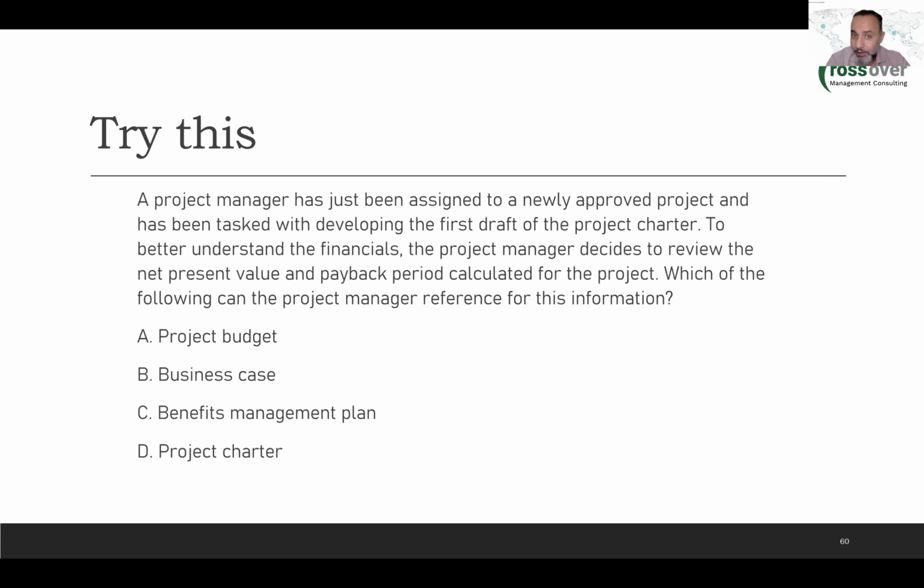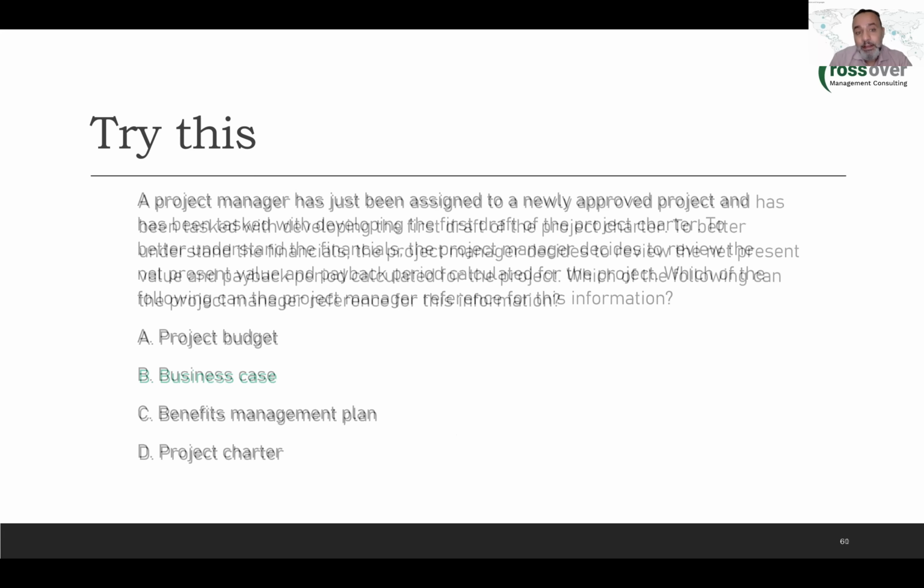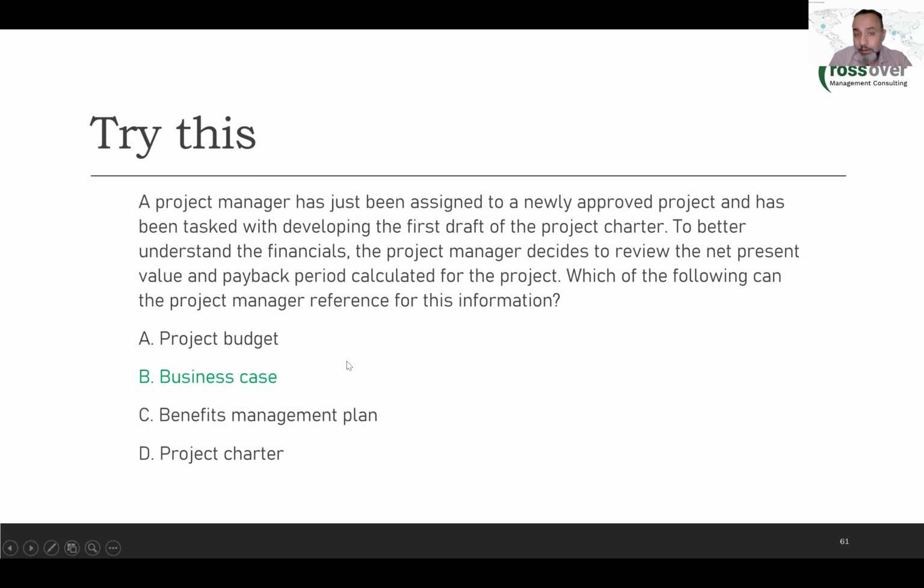The project manager here needs to understand more. He needs to look at the explanation. So he needs to look actually at what? Yes, at the business case, not only the benefits management plan, which will only indicate the targeted benefits, but without further explanation. Okay, so the business case is the correct answer. True.